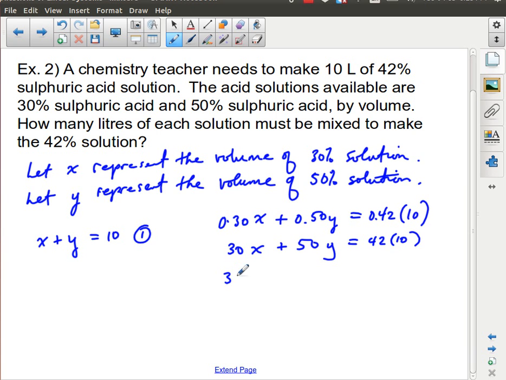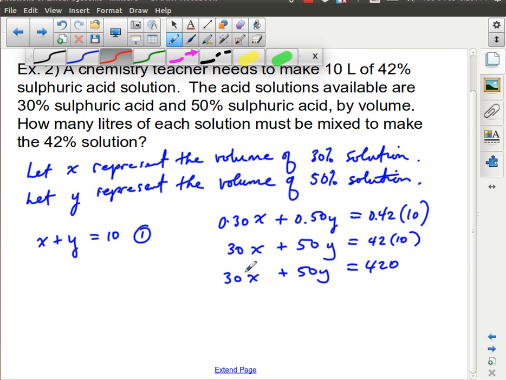So I'm going to say 30x plus 50y equals, because that one's pretty easy to get to. But now you take a look at this, and everything ends with a 0, or I could have recognized the 10 here. I can divide everything by 10.